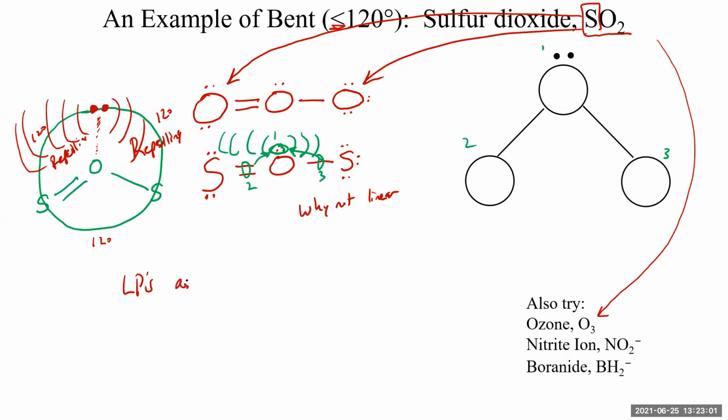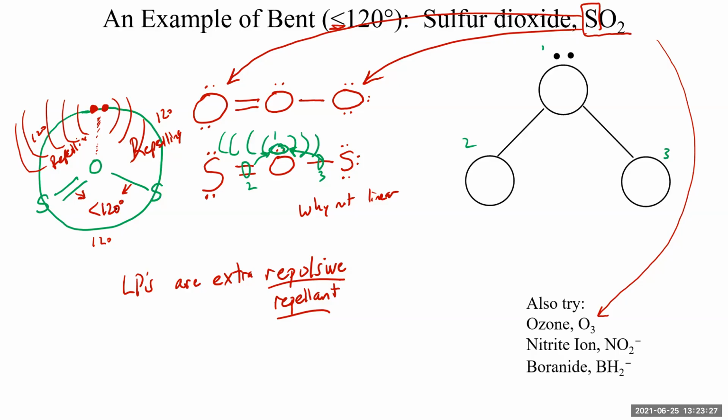Lone pairs are extra repellent or extra repulsive. If that helps you remember it, even better. Either way, repulsive or repellent, they push more. So because of that, you end up with these bonds moving away from the lone pairs and squeezing to become something less than the ideal angle of 120 degrees.